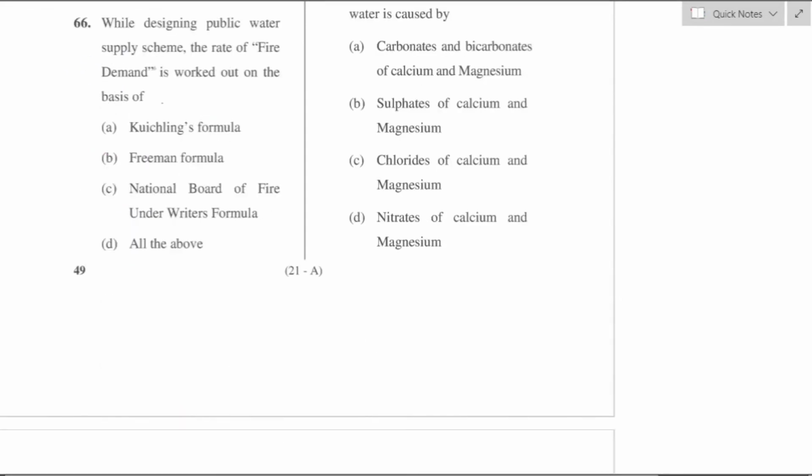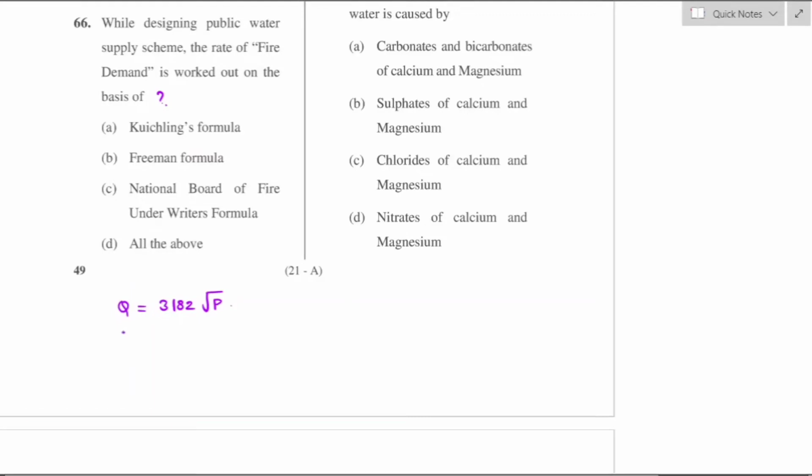Question number 66. While designing the public water supply scheme, the rate of fire demand is worked out on the basis of. So it is worked on the basis of Cushing formula, which is given by Q is equal to 318 root P, where P is the population in 1000.